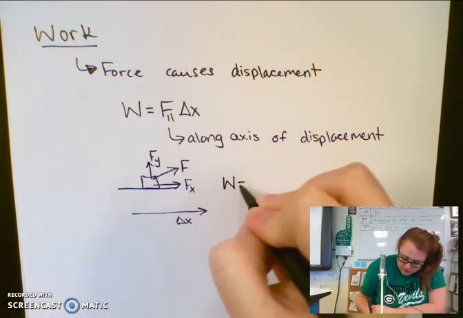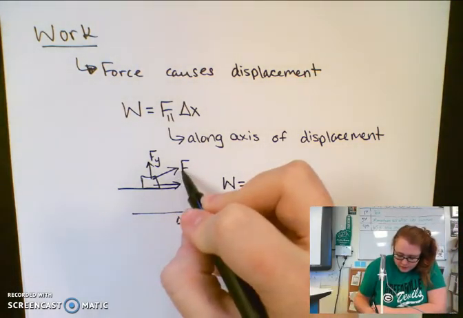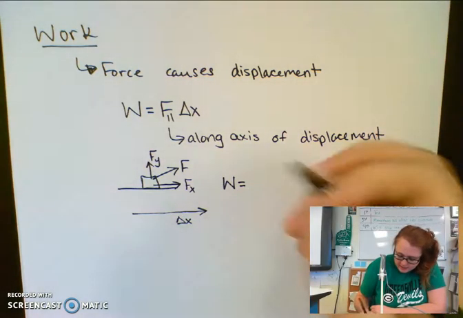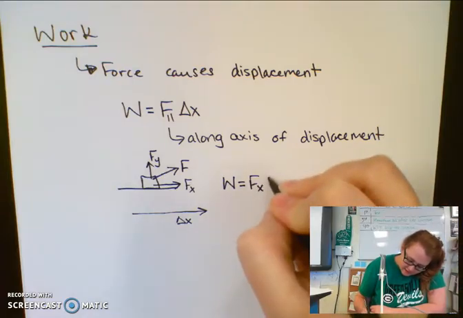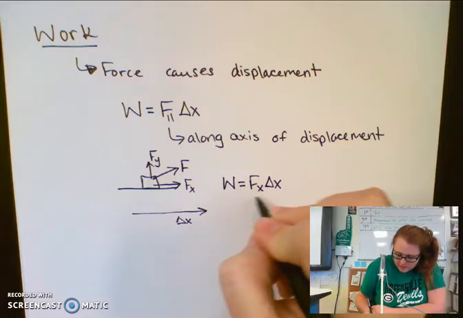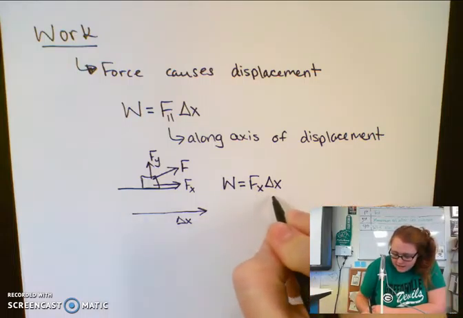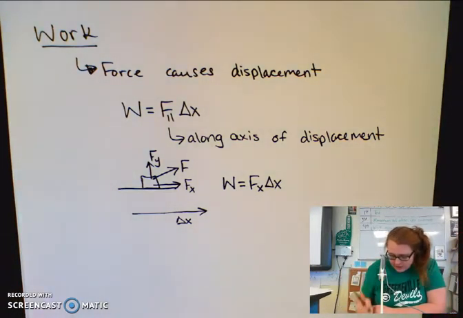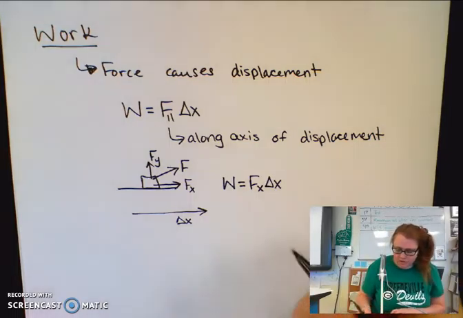So for this, instead of work equaling force times delta x, it would equal Fx times delta x, because this is the force acting along my displacement axis, and delta x is my displacement.